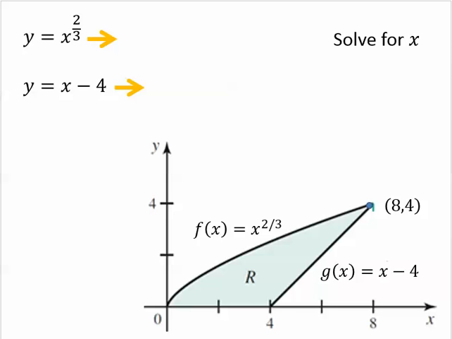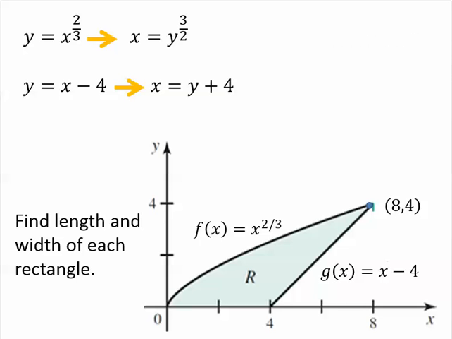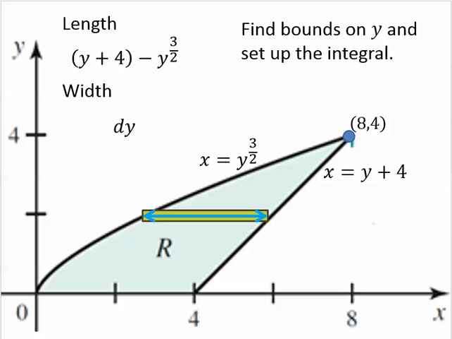Now the next thing I need to do is I need to write x as a function of y. After I do that, I need to find the length and width of each rectangle. So the length of each rectangle is the right-hand curve minus the left-hand curve, and the width is dy.